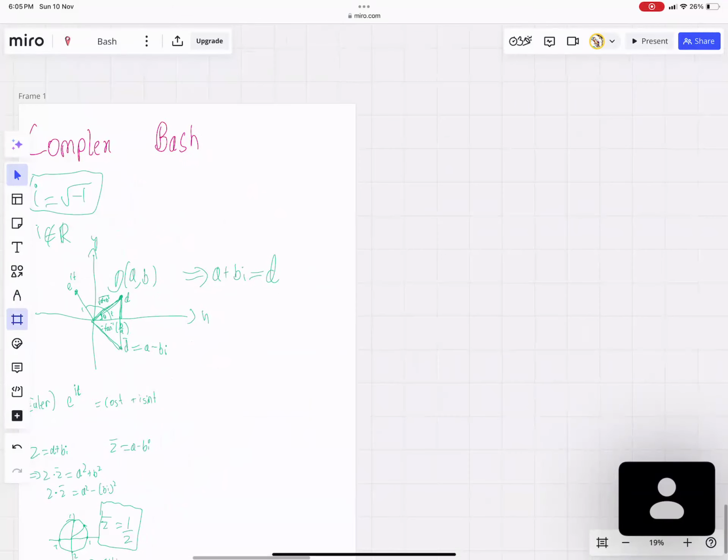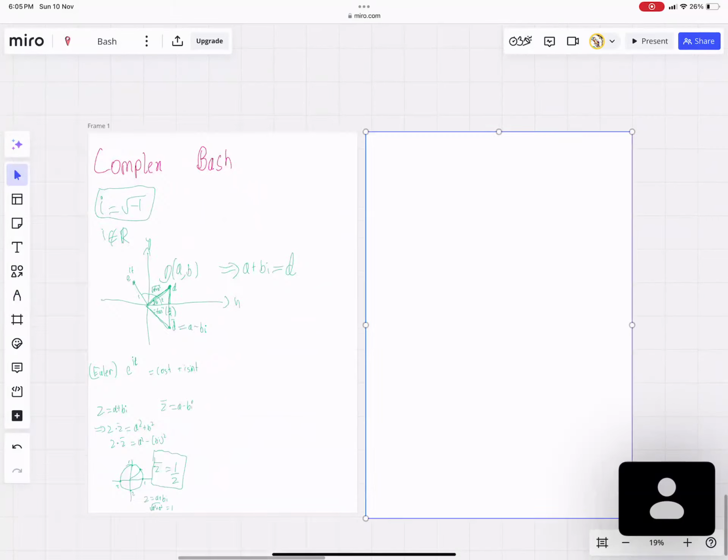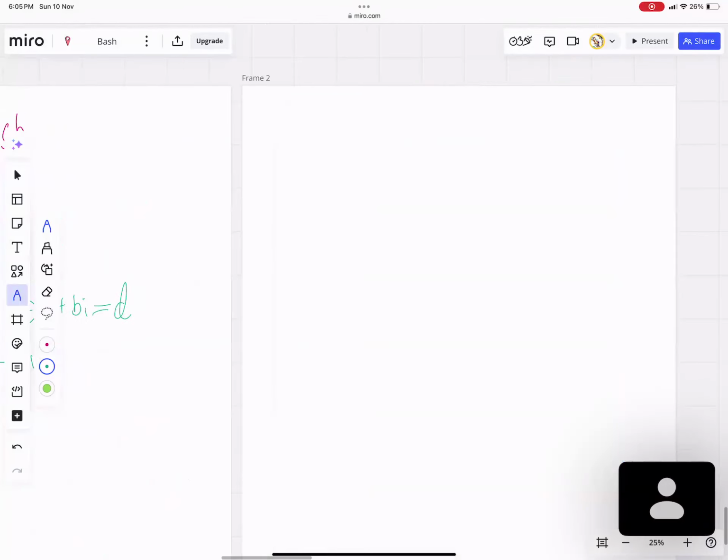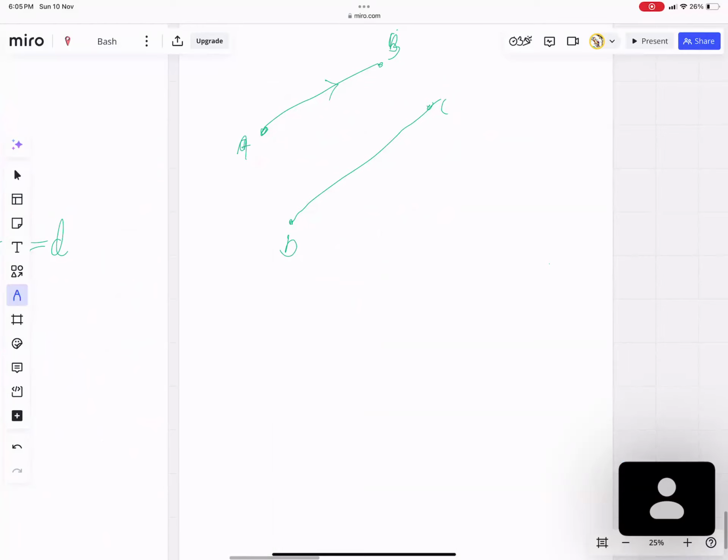Okay, so now I'll move on to a few formulas. Before I move on to formulas, let's say we have the segments AB and CD. I will show now when these segments will be parallel.